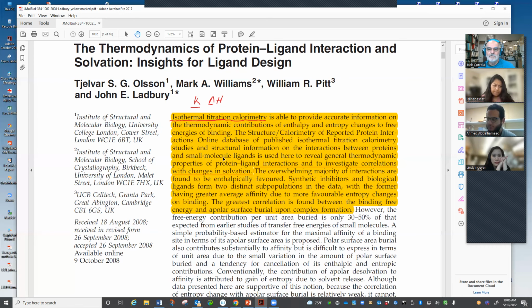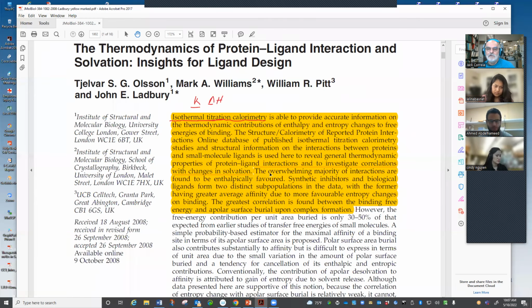And then how to extract or interpret the general thermodynamic properties of these ligand protein interactions. What they're looking for is trends, correlations between enthalpies and entropies and changes in solvation specifically, because solvation historically has been described as one of the big contributors. I'll say this again down below.